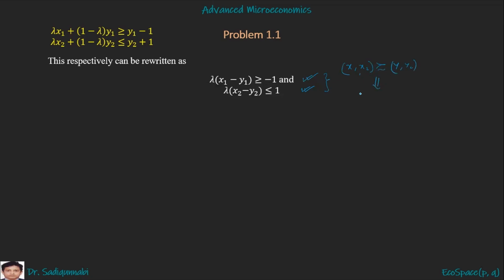The condition was x1 should be greater than or equal to y1 minus 1, and x2 should be less than or equal to y2 minus 1. And this could be said: x1 minus y1 should be greater than or equal to minus 1, and this implies x2 minus y2 should be less than or equal to 1.